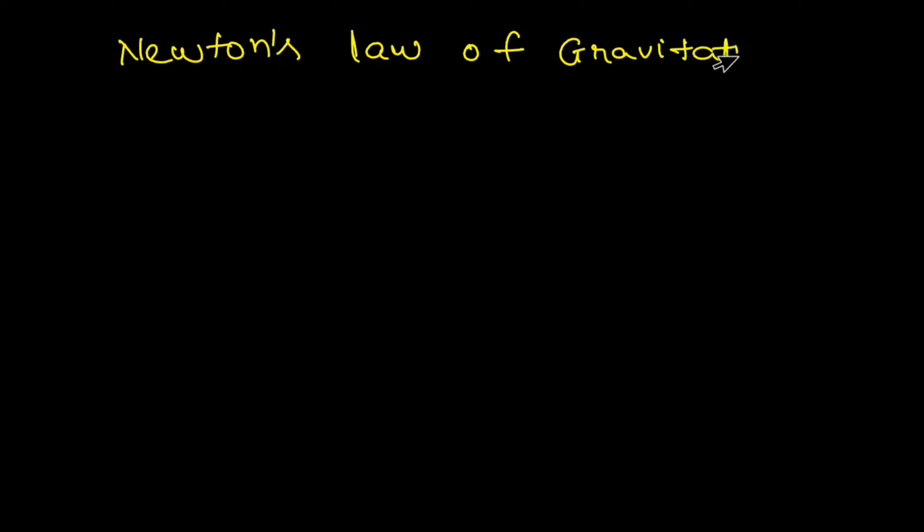Now, Newton's law of gravitation. According to this law, every body of the universe attracts every other body of the universe with a force which is directly proportional to the product of their masses. Suppose there are two bodies with masses m1 and m2.